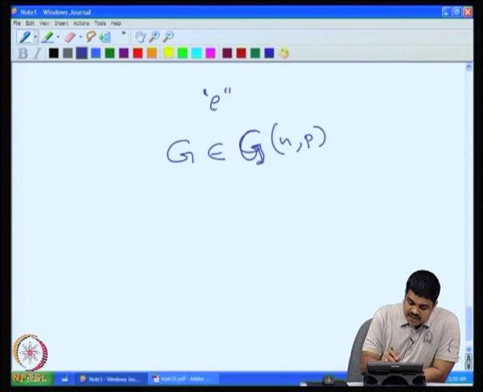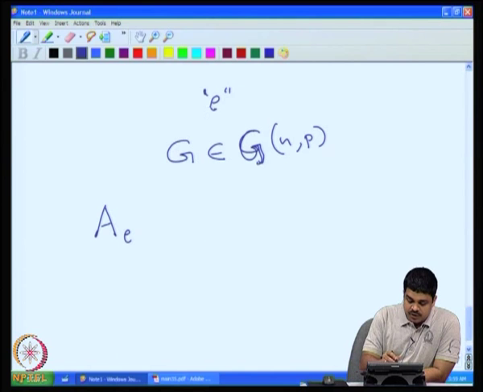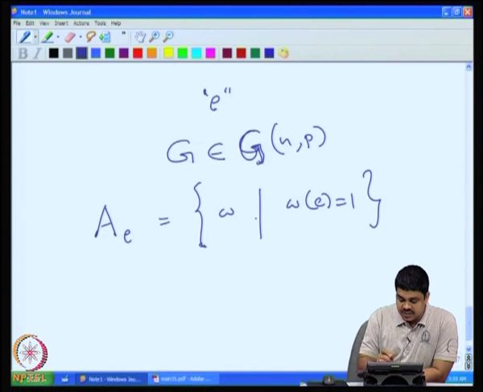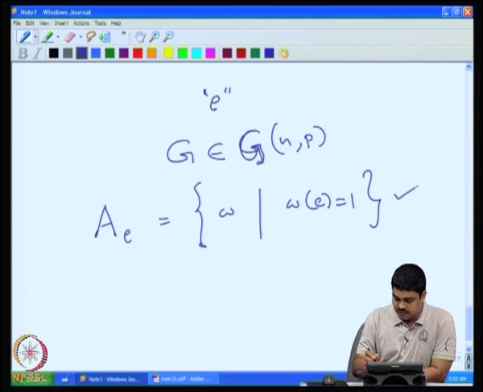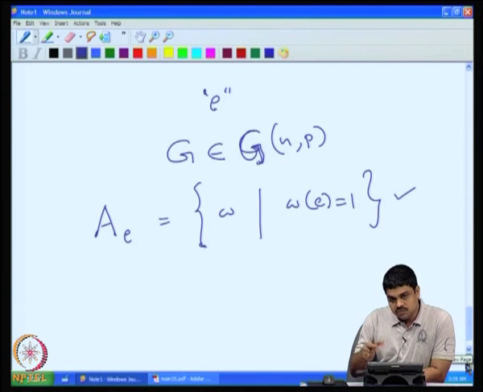Because if this E is present, this event can be written as A_E. We are interested in the probability of the event that E is present in the graph. Essentially, this is all those graphs with E as an edge, or all those strings omega such that omega(E) is equal to 1, right. All those functions such that omega of E is equal to 1, if you are taking it as a function from the edge set to 1 or 0.